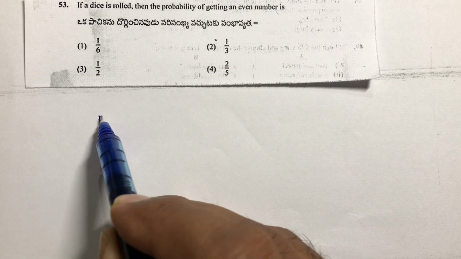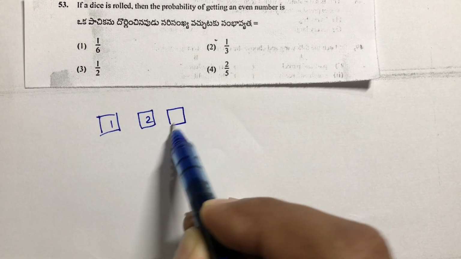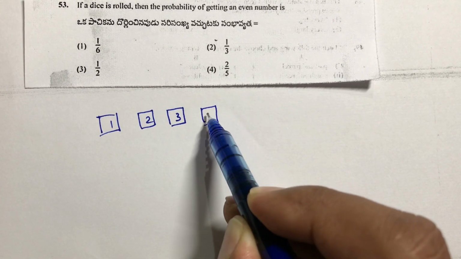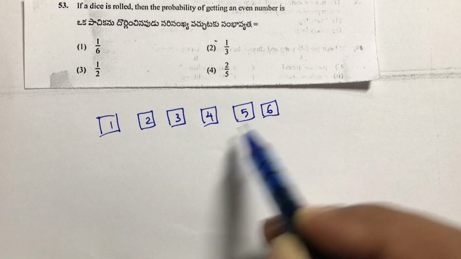If a dice is rolled, then the probability of getting an even number. If a dice is rolled, the possible outcomes are 1, 2, 3, 4, 5, 6.